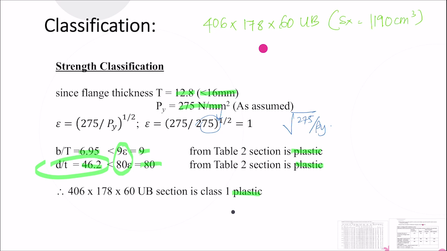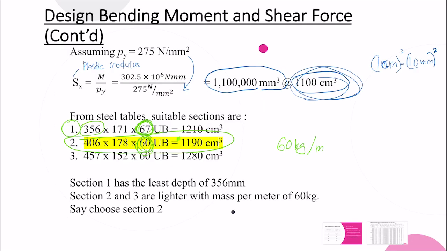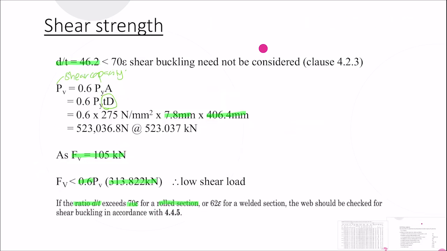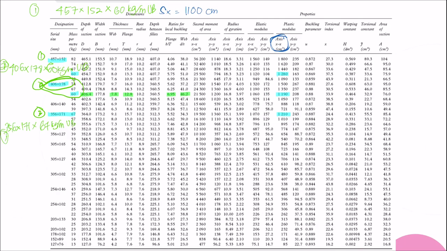So for the plastic modulus, maybe you can refer to here. Here I have already written it because earlier when we selected the section, we wrote directly what the SX value is. Because SX must be larger than the value that we calculated here. Okay, so it is larger, so that is why we wrote that section. Right, so 1190, okay, here I have also written it. Or perhaps you can also select from the table or you refer back to the table, no problem. Which is this 1190 cm cube.